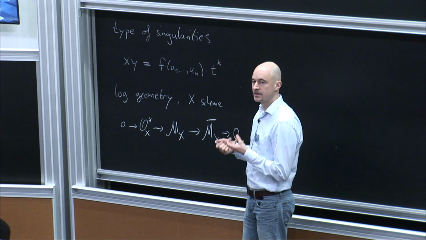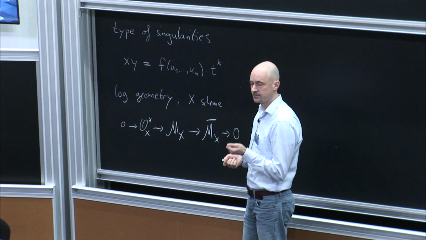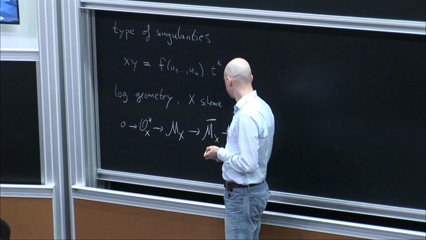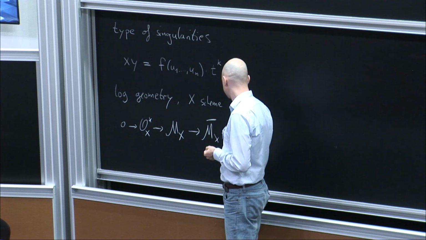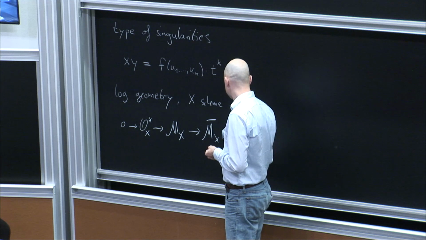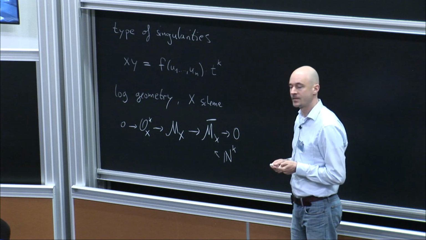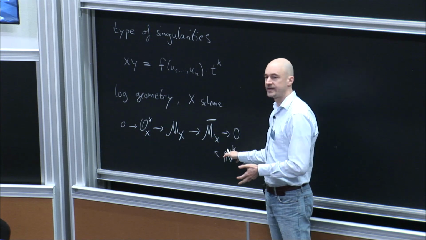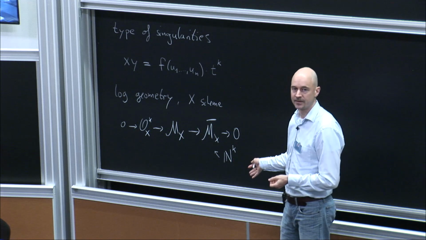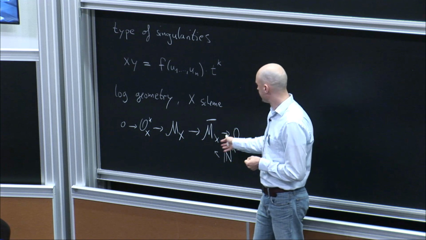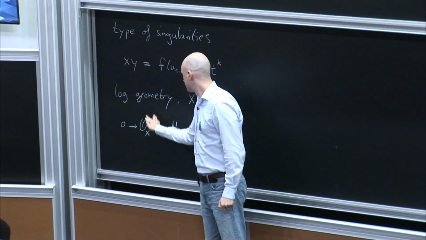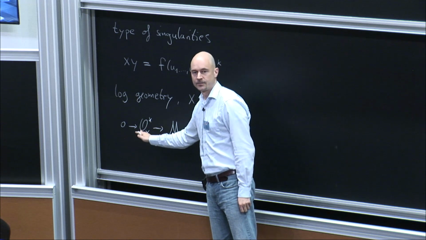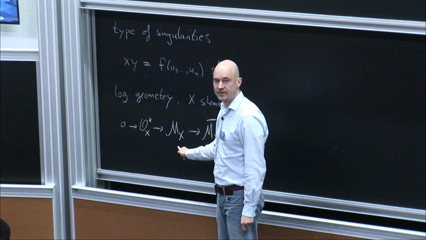Monoid here means it's a semigroup with unit, and it's commutative. So what you might think of here is a sheaf where the stalks might be something like N to the k. This is a typical monoid. So I have on the right-hand side a sheaf of monoids with stalks of finitely generated monoids like N to the k, a monoid with addition. And over here, I have the sheaf of invertible functions on the scheme, which is the monoid under multiplication. And so the log structure is the thing in the middle.